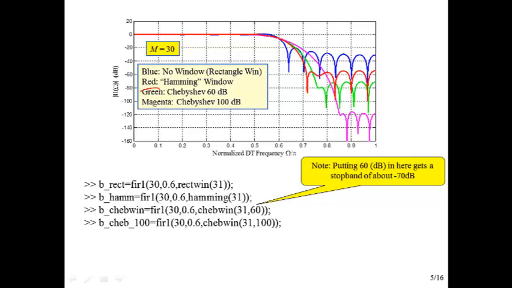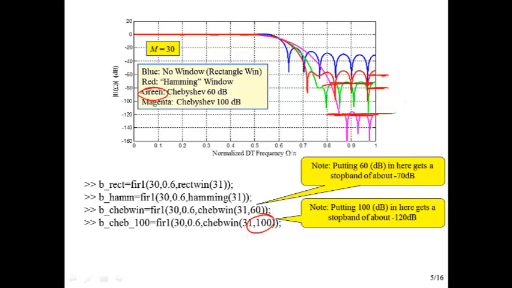This is the green one, and you can see here's 60, here's 80. I achieved more than 70 dB of attenuation. So just because you put in 60 doesn't mean that it gives you 60. It just helps you adjust. And you can see that when I put in 100, I got almost 120.